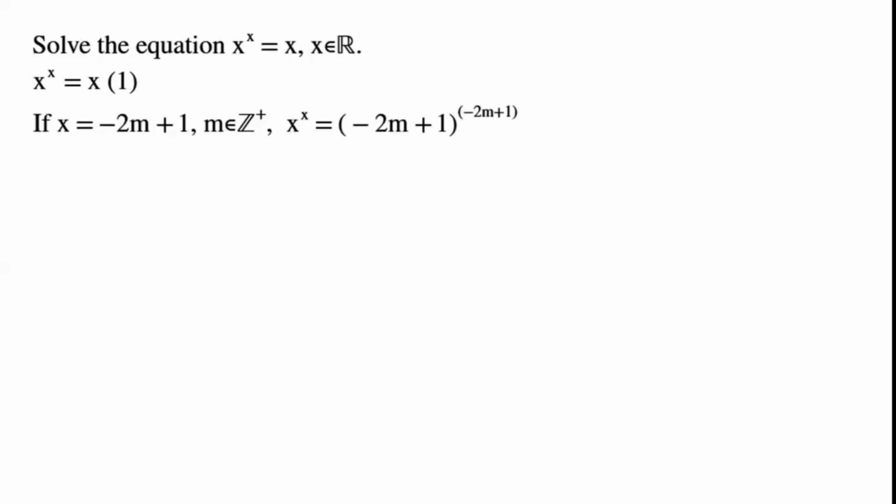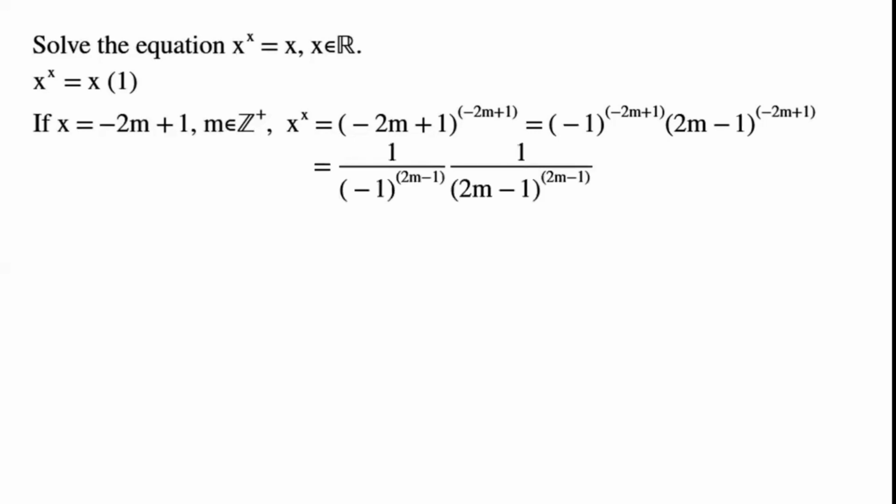x to the power of x equals (minus 2m plus 1) to the power of (minus 2m plus 1), which is equal to (minus 1) to the power of (minus 2m plus 1) times (2m minus 1) to the power of (minus 2m plus 1), which can be written as 1 over (minus 1) to the power of (2m minus 1) times 1 over (2m minus 1) to the power of (2m minus 1).